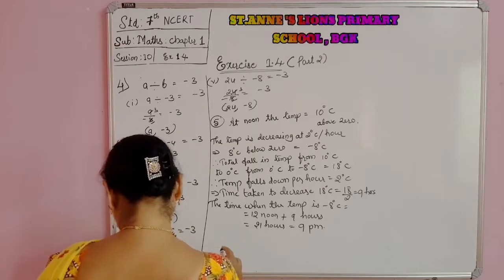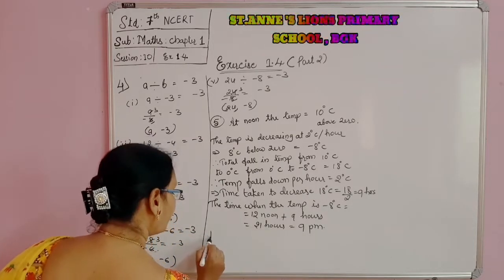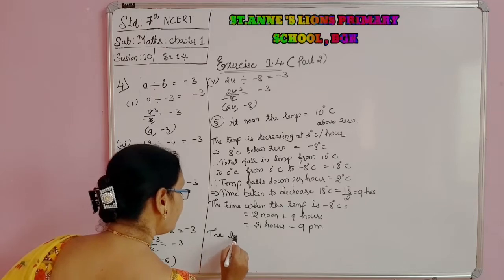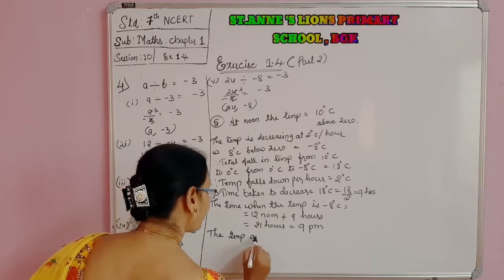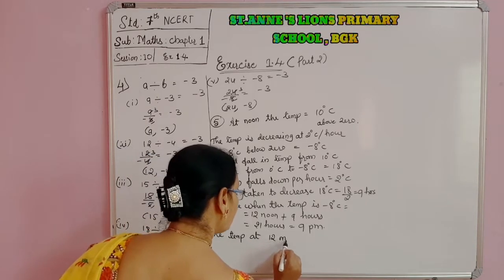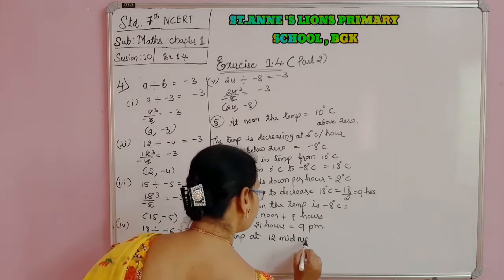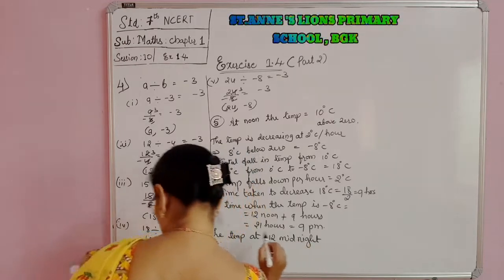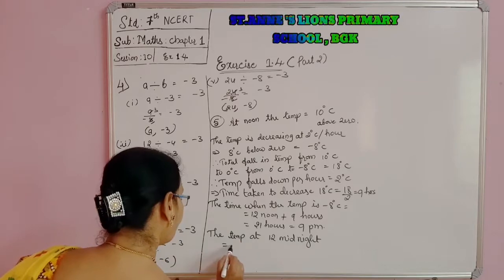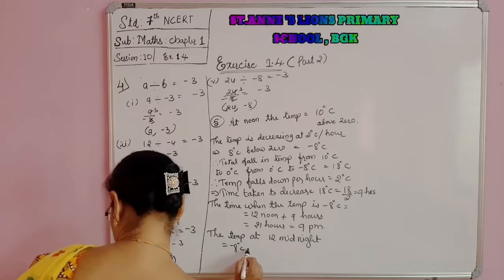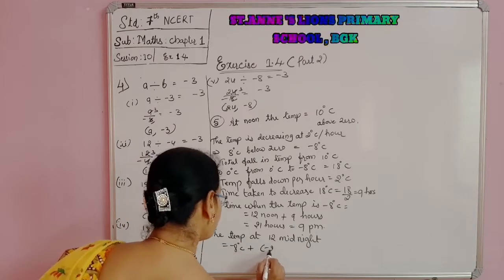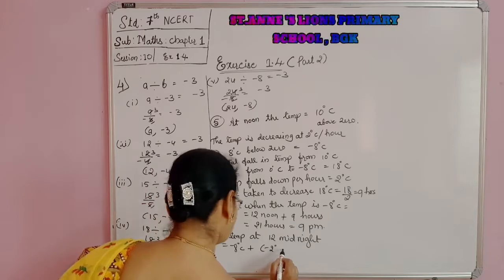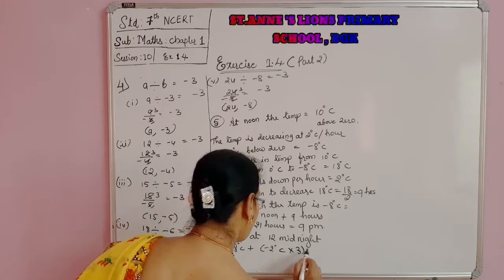Therefore, the temperature at 12 midnight is equal to minus 8 degrees Celsius plus minus 2 degrees Celsius into 3 hours.